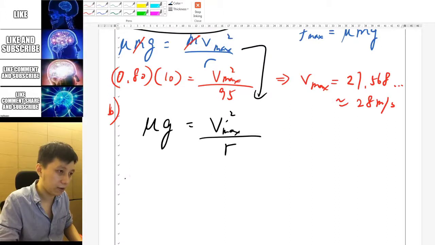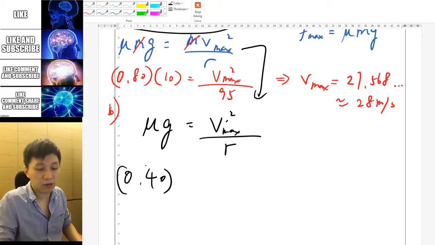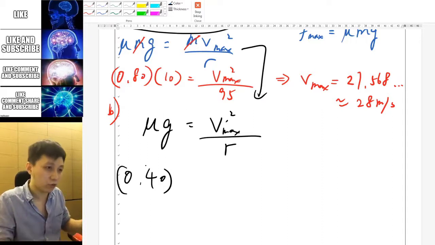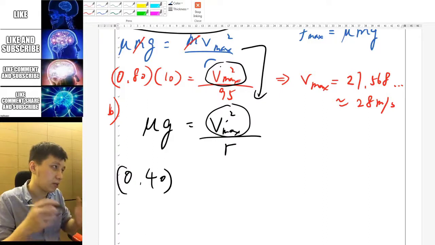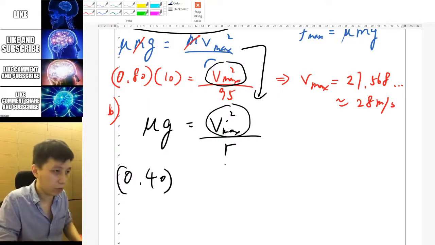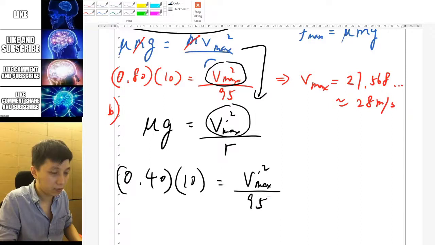This time we have 0.4, and by the way, if you think the speed would simply be divided by 2, then obviously you're wrong, because here you can already see there's a square, so probably it has something to do with the square root. So 10, and this is a new Vmax, and r is still 95.